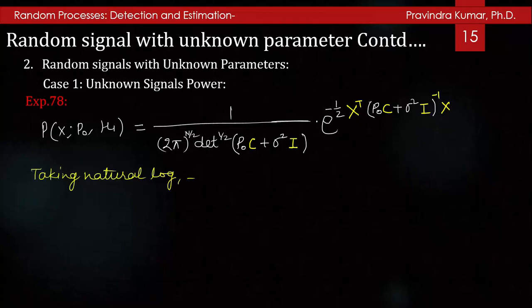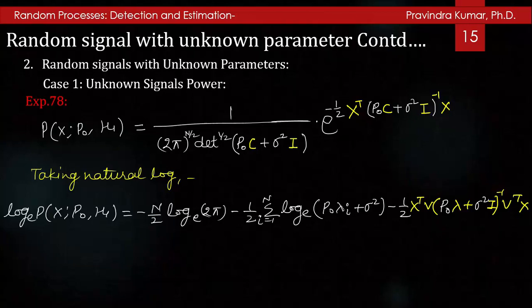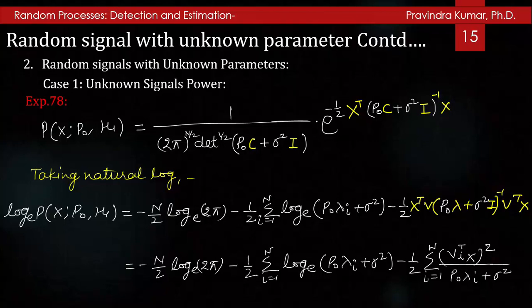Now taking the natural log, we get log of p(x; P naught, H1) equal to minus 1 by 2 log 2 pi minus 1 by 2 summation i equals 1 to n log (P naught lambda i plus sigma square) minus 1 by 2 x transpose V inverse of the matrix (P naught lambda plus sigma square I) V transpose x.